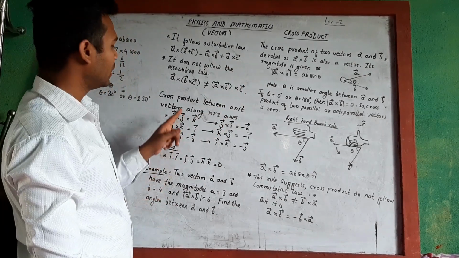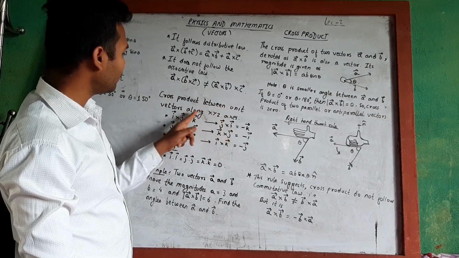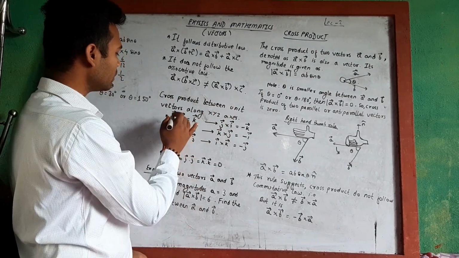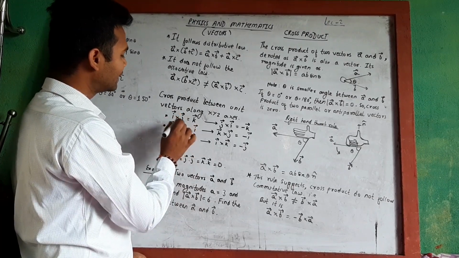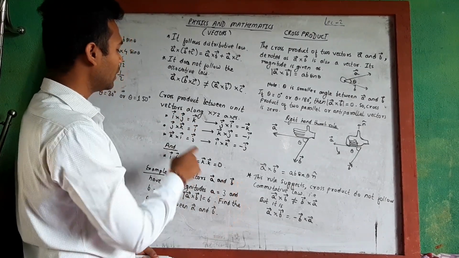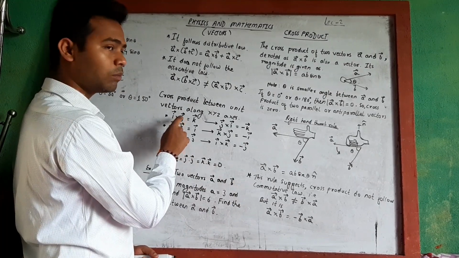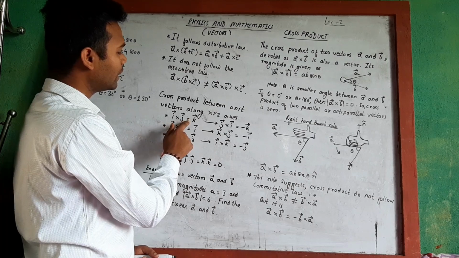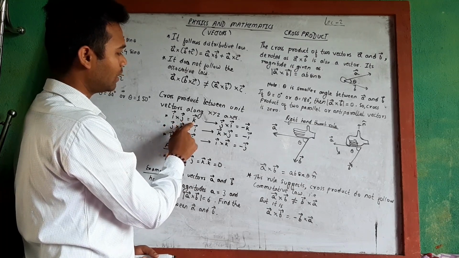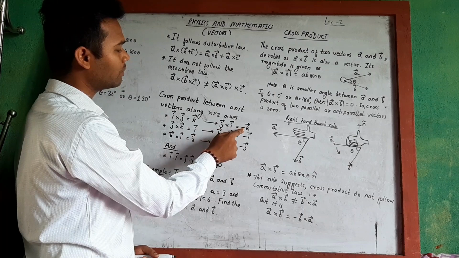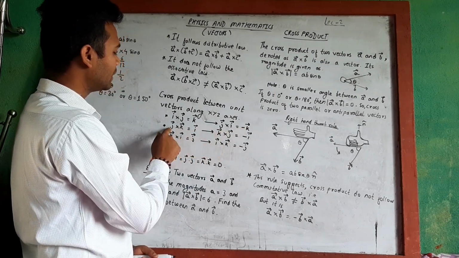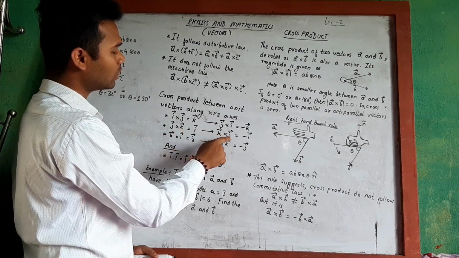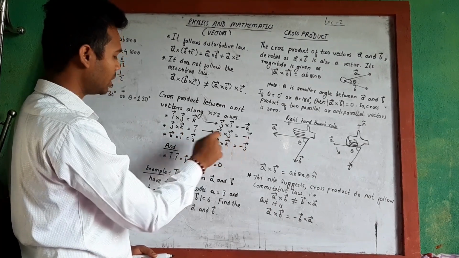Now let's come to the cross product between unit vectors along the x, y and z axes. Here i vector cross j vector, by using the right hand thumb rule, since they are mutually perpendicular to each other, i vector cross j vector is equal to k vector, and that's why j vector cross i vector will be negative of k vector. j vector cross k vector is equal to i vector, that's why k vector cross j vector is equal to negative of the i vector.